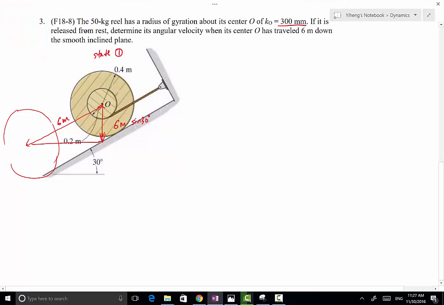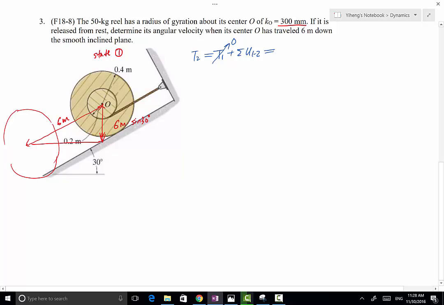So we can set up our principle of work and energy equation. The initial kinetic energy plus the total external work done to the system during this process equals the final kinetic energy. In this case, the reel is released from rest. Initial kinetic energy equals 0.